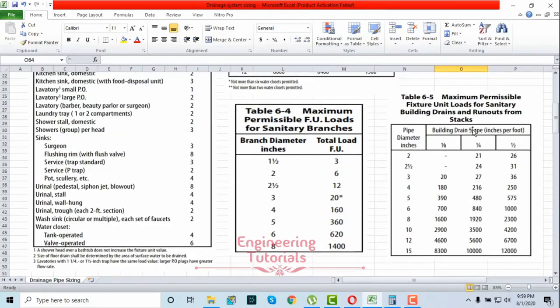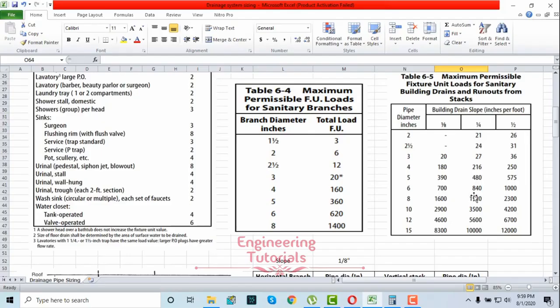As I told you, we have to use Table 6-5 to calculate this offset pipe size that is going directly to the manhole, and total fixture unit value is 1250 and slope which we used is 1/8 inches. So 1250 is in between 700 and 1600. So obviously we go for the higher value 1600. So for 1600 you can find the pipe diameter, that is 8 inches. So we can use 8-inch pipe size.